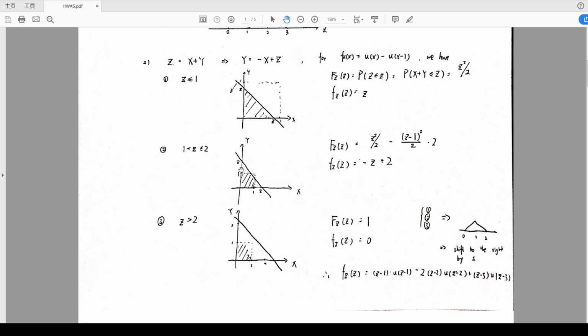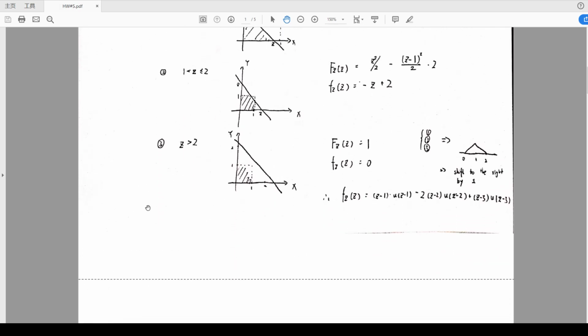To calculate this area, we need to figure out what these two small triangles are. It is z squared over 2, which is the big triangle, minus 2 times (z minus 1) squared over 2, which are these two small triangles. So we get the F_Z, and we can figure out the derivative.